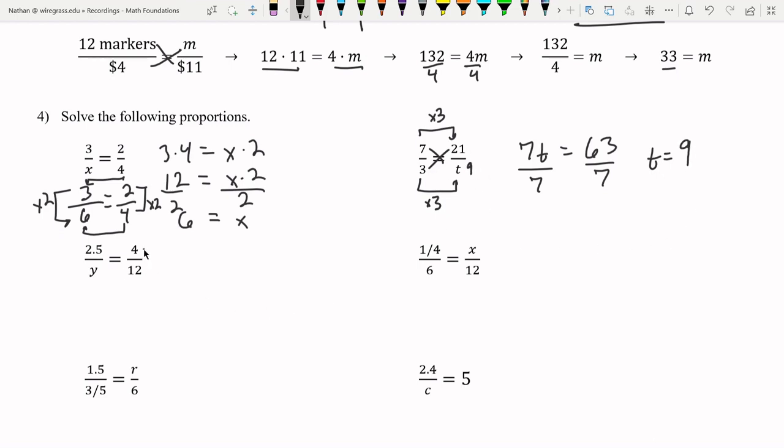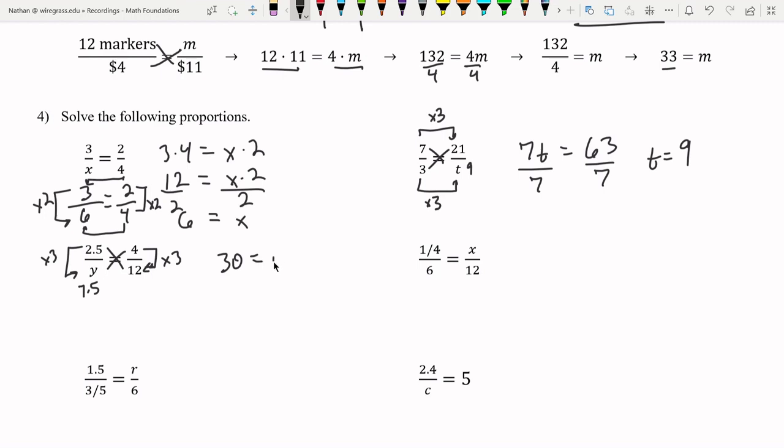Okay, in this case, I can see that 4 times 3 is 12. So 2.5 times 3 is going to be 7.5. So I expect my solution to be 7.5. Let's prove that. 2.5 times 12 is going to be 30.